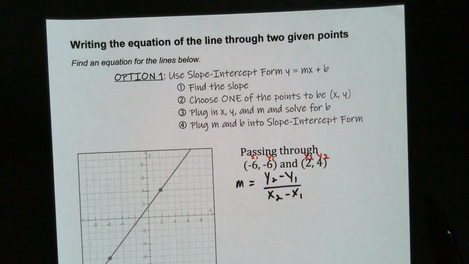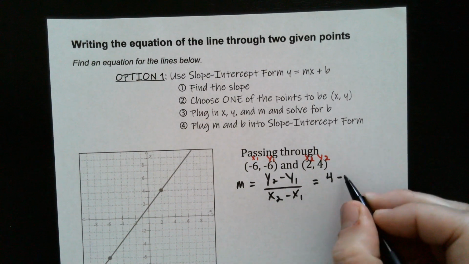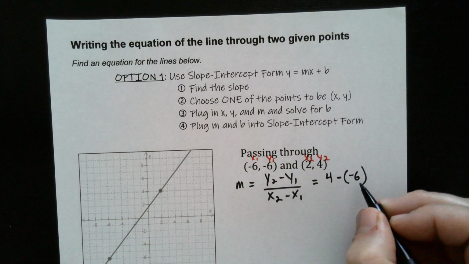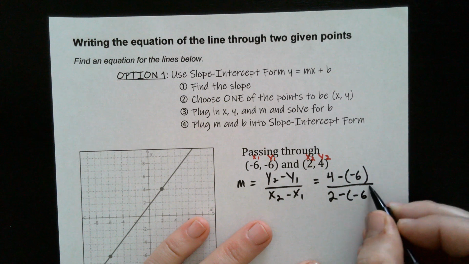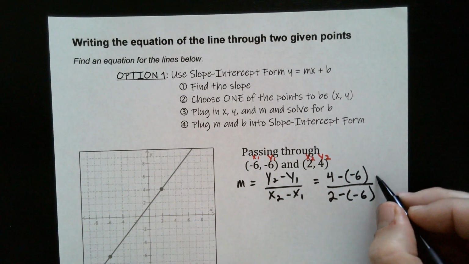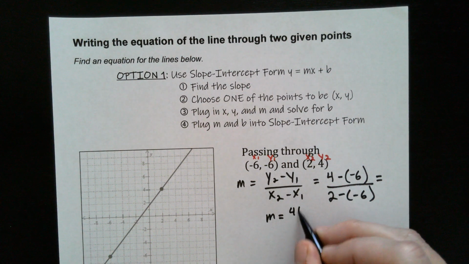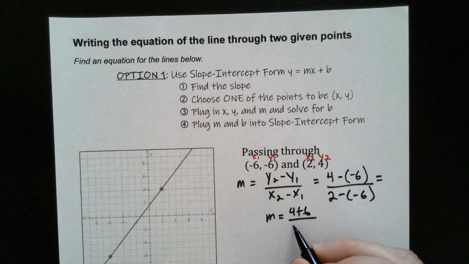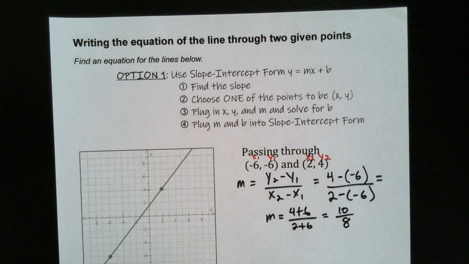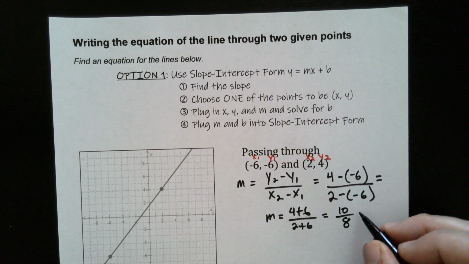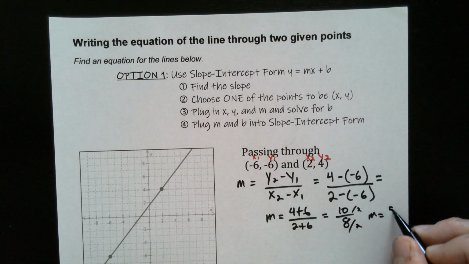We plug those in, and that gives us 4 minus a negative 6, and then 2 minus also a negative 6. So m is equal to 4 plus 6 over 2 plus 6, which is 10 over 8. If you reduce that, you divide by 2, and m becomes 5 over 4.